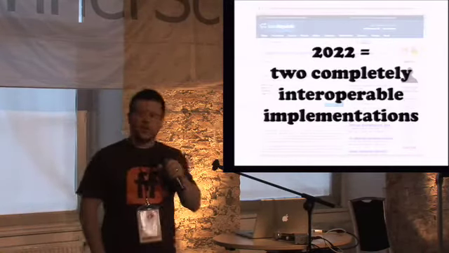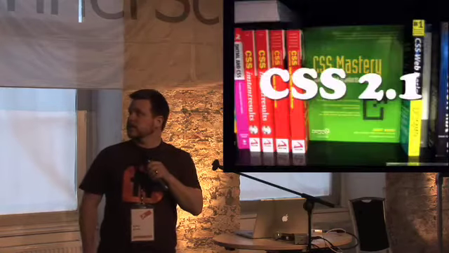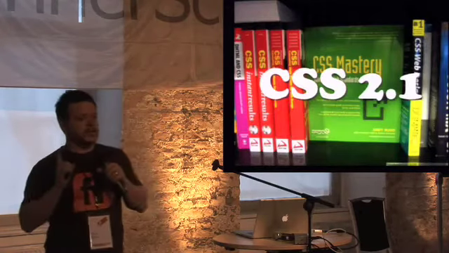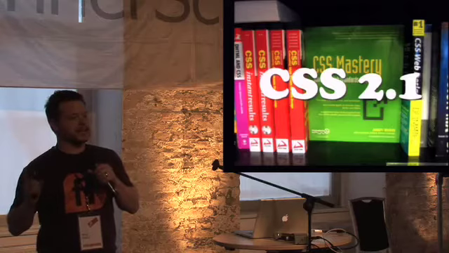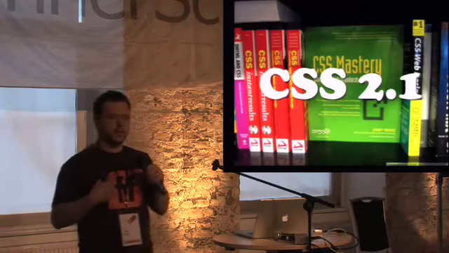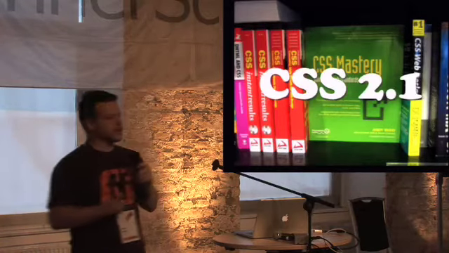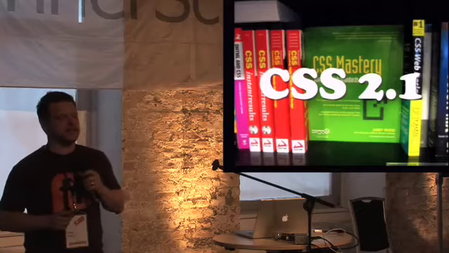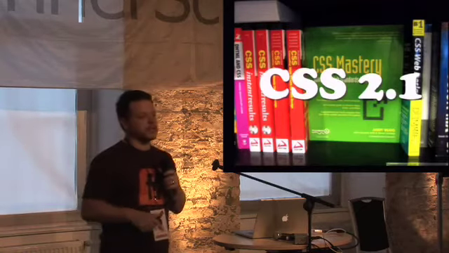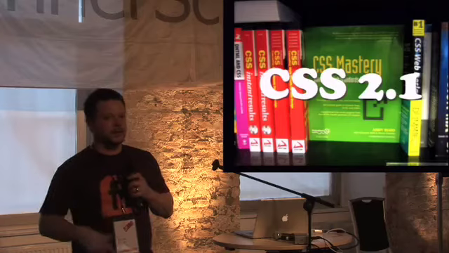To put that in context, CSS 2.1 only has one complete implementation in IE 8, but I'm still using CSS 2.1, and I'm pretty sure if any of you are doing any web stuff, you're using CSS. So that's not going to stop me from using HTML5 in my apps today.